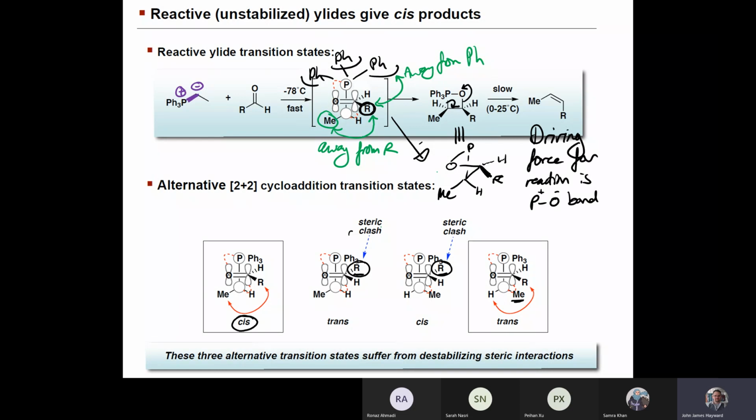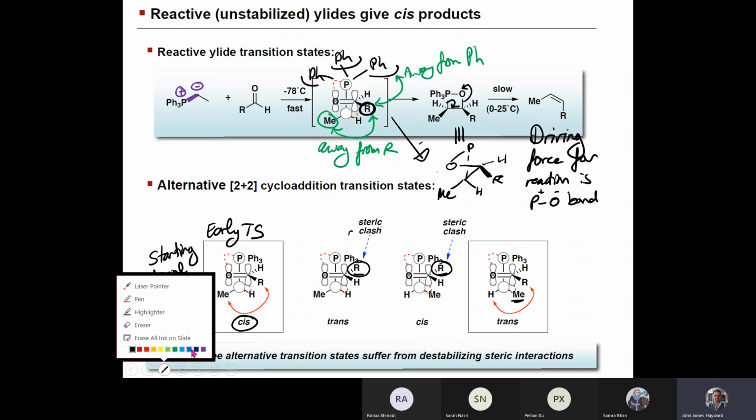So in this unstabilized transition state that we have here, starting material interactions are important. Okay.